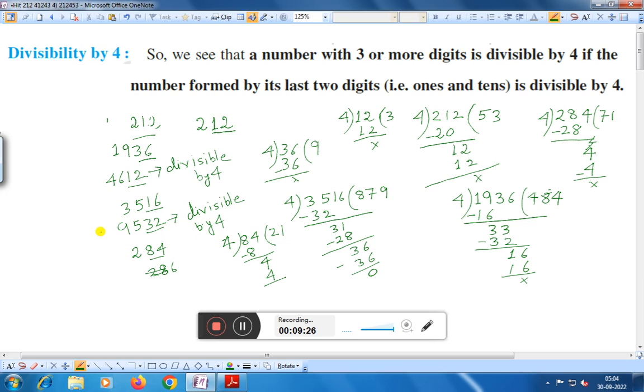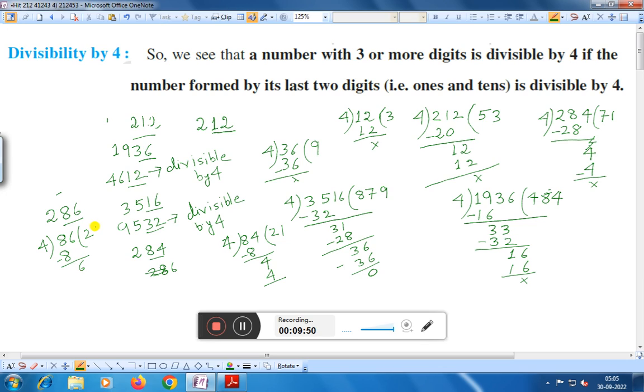Suppose 286. We are taking another example, 286. Now we find 86. The last two digits are 86. Let us divide 86 by 4. 4 twos are 8.